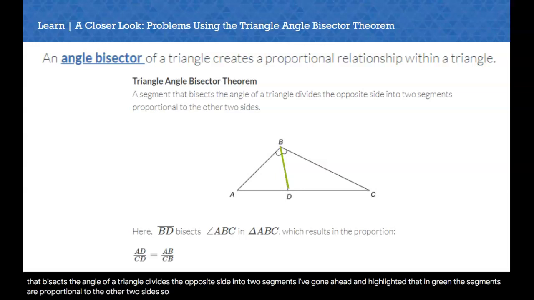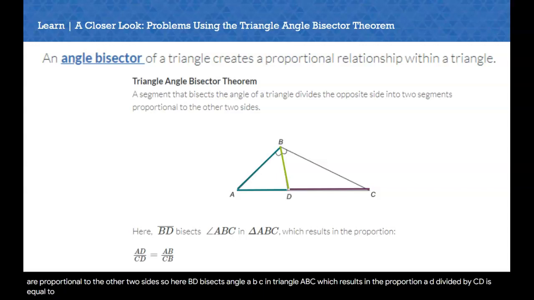So here, BD bisects angle ABC in triangle ABC, which results in the proportion AD divided by CD is equal to AB divided by CB.